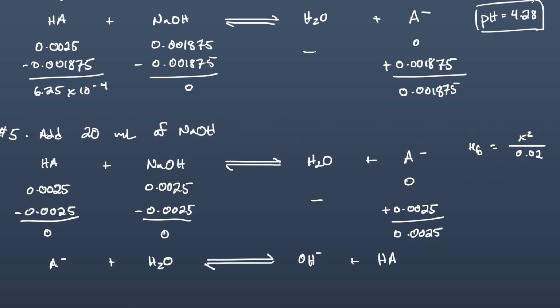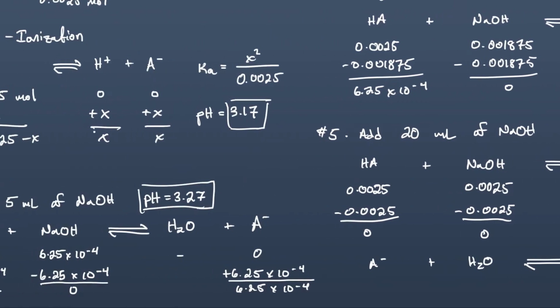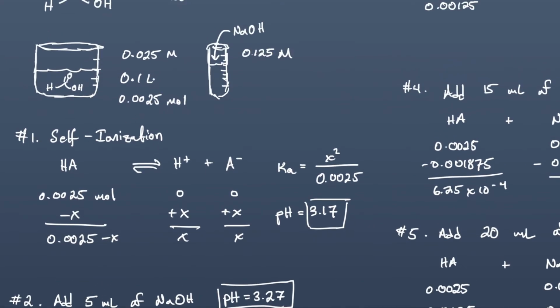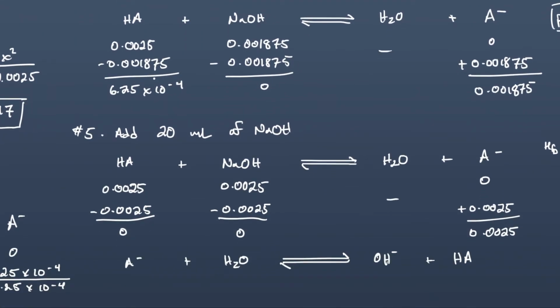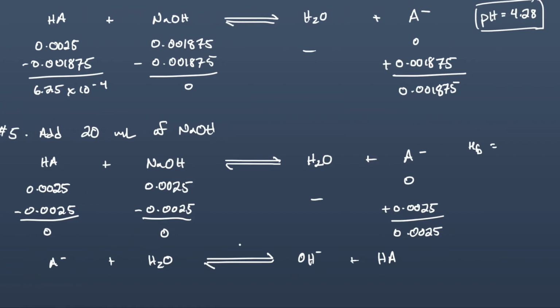I'll back up for a second here, actually. I got 0.02 liters because we added this much NaOH to an already existing 0.1 liters. So if I were to be more complete, I will make this a little bit clearer, running out of room here.